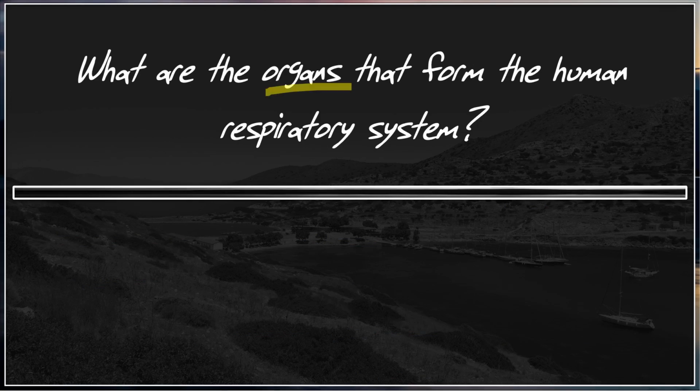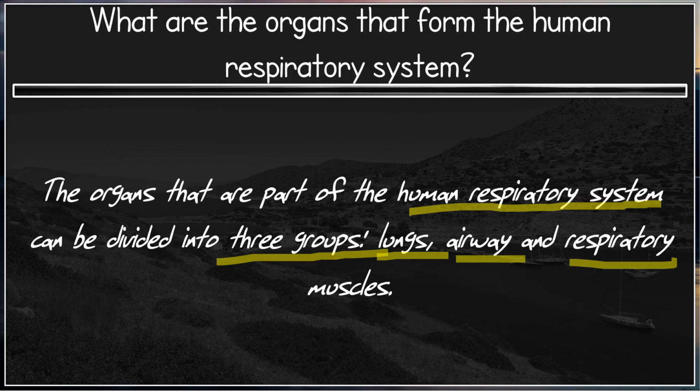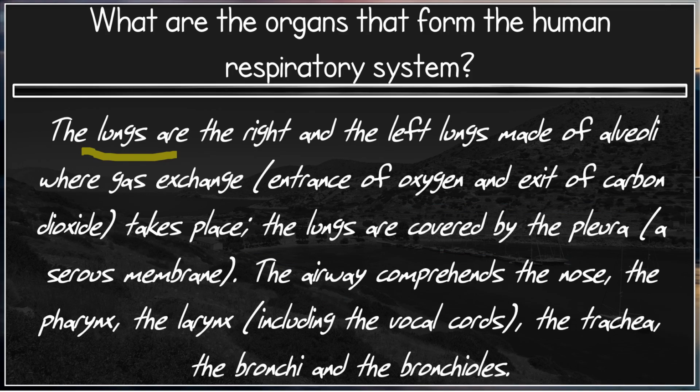What are the organs that form the human respiratory system? The organs that are part of the human respiratory system can be divided into three groups: the lungs, the airways, and the respiratory muscles. The lungs are the right and left lungs, made of alveoli, where gas exchange, that is, entrance of oxygen and exit of carbon dioxide, takes place.